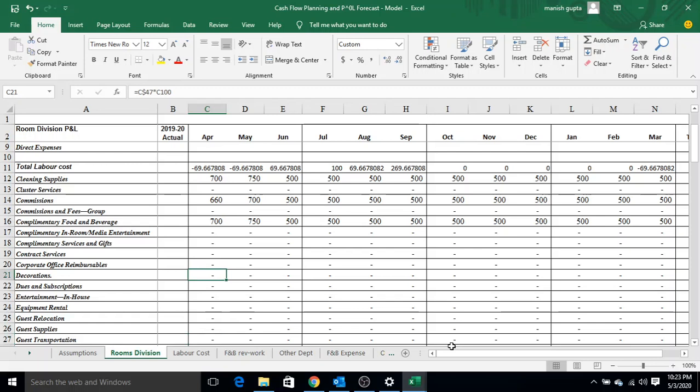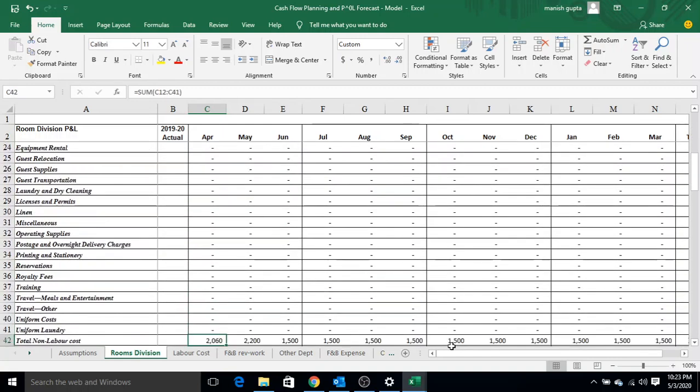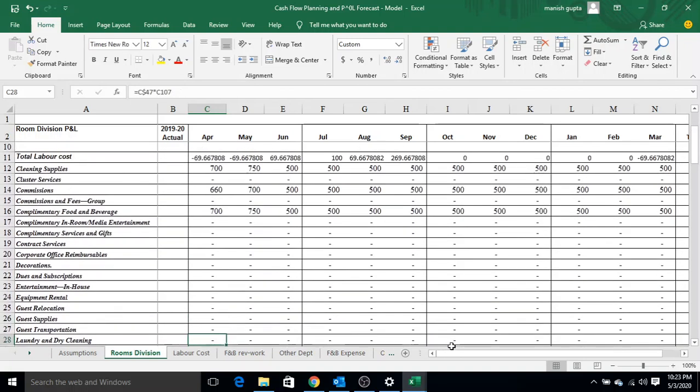Some of these expenses will be very small, only $50 a month, $100 a month, or $200 a month. For example, cleaning services, printing and stationery, other guest supplies, miscellaneous, reservation, training fees, and uniforms. Those are very small costs, but some of the costs can be very big.